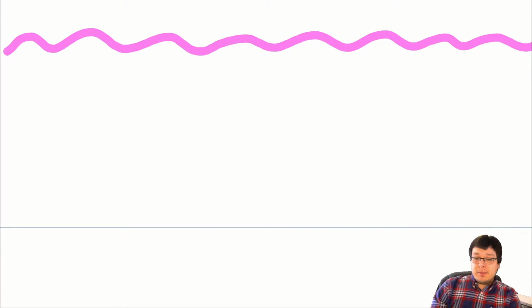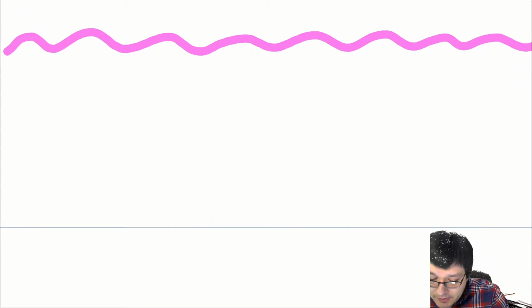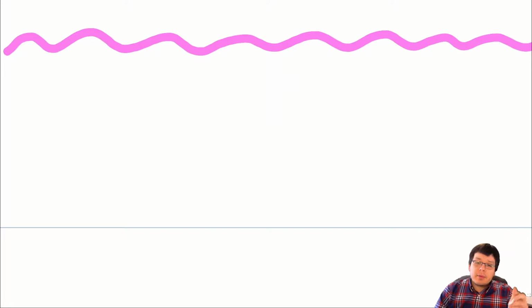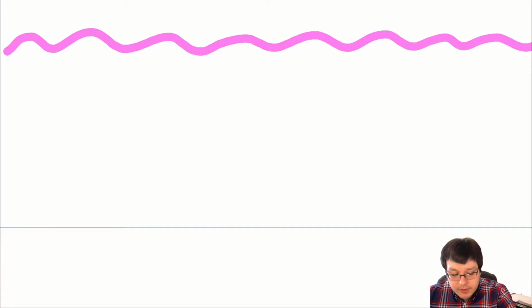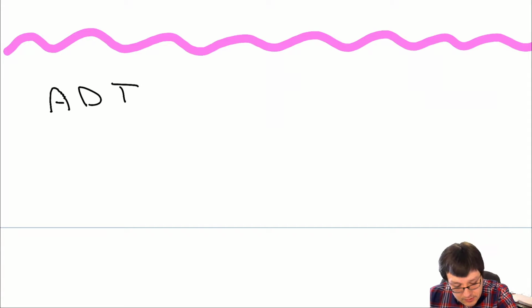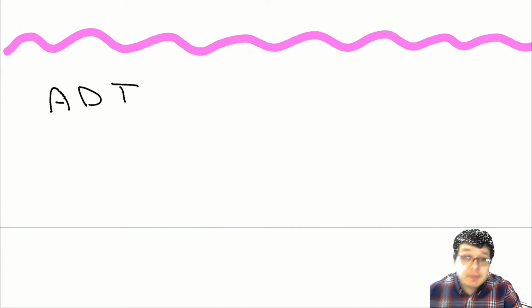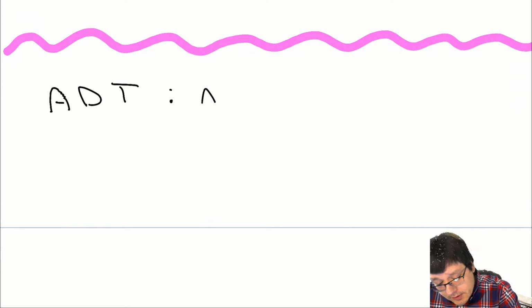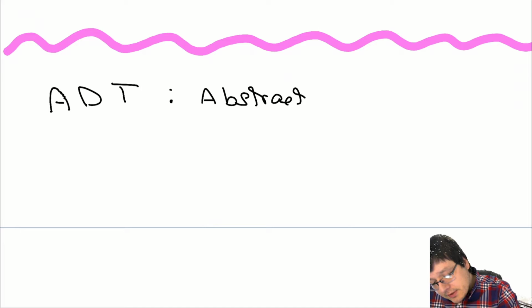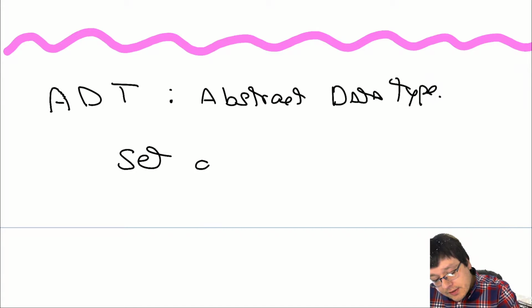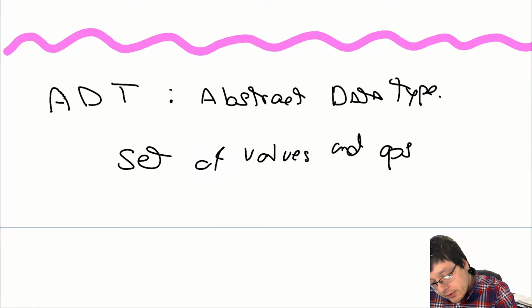As you can see, I did bring out my notes for some of this stuff, because I will be referring to them. So an abstract data type is basically a set of values and operations, and you probably learned that when you were taking 202. Well, that looks kind of pixelated, but interesting. Okay, so that is an abstract data type, basically a set of values and operations.